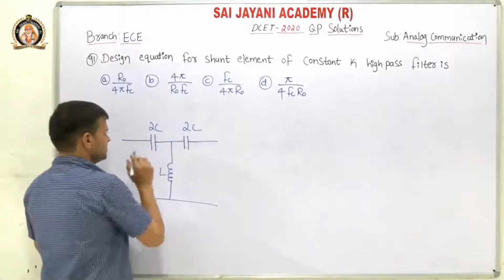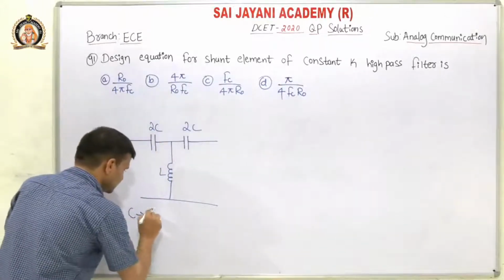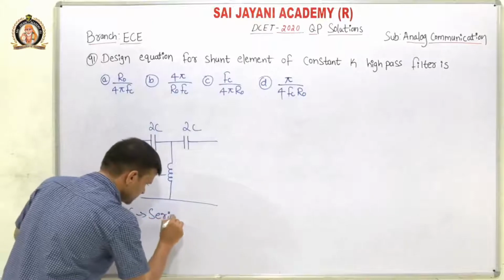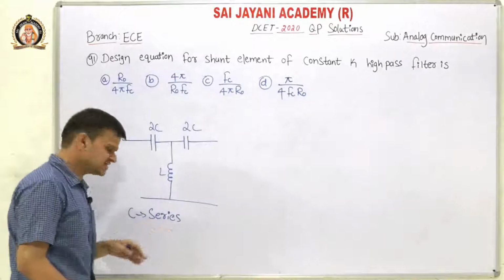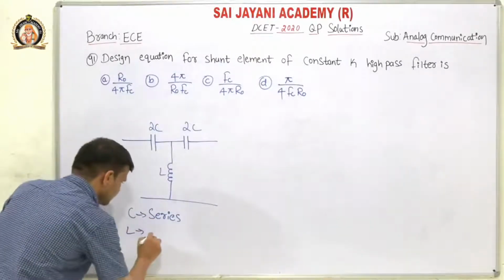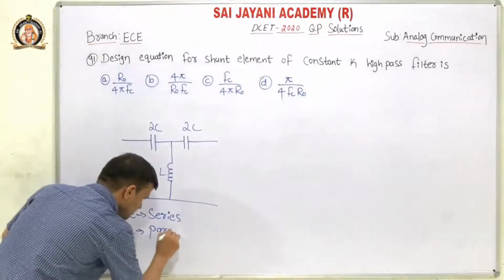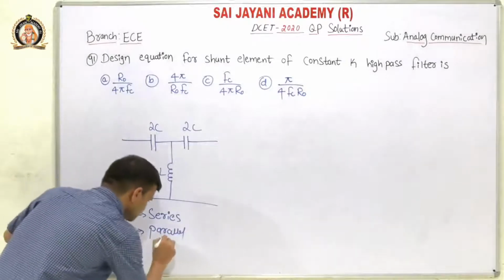Here the capacitor is the series element. In a constant K high pass filter, the capacitors are the series elements and the inductor is the parallel or shunt element.